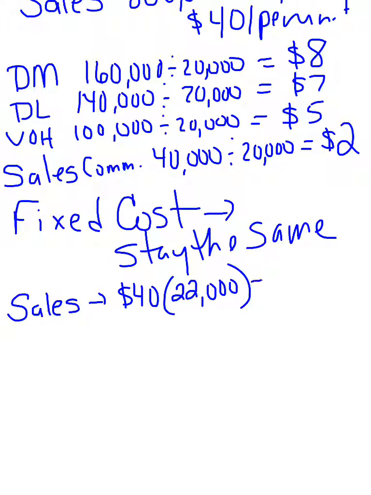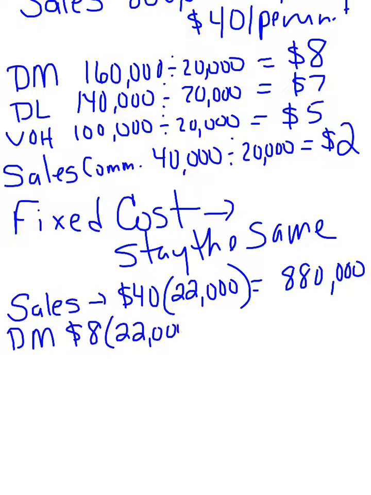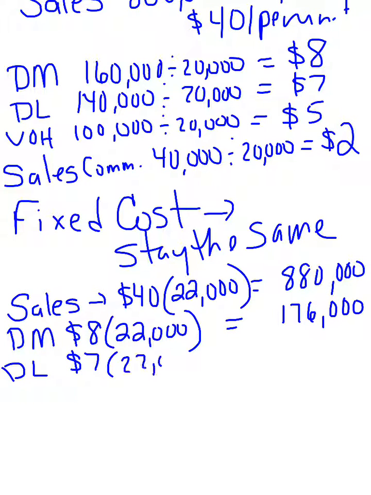We divide that by the 20,000, and that gives us $8. For direct labor, we have 140,000. We divide that by our 20,000 units, and that gives us $7 per unit. The last thing is variable overhead, where we have 100,000. We divide that by the 20,000, and we end up with $5. So those are the first amounts we're looking at.